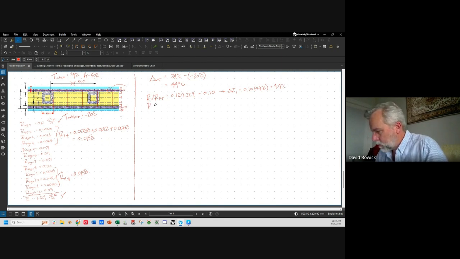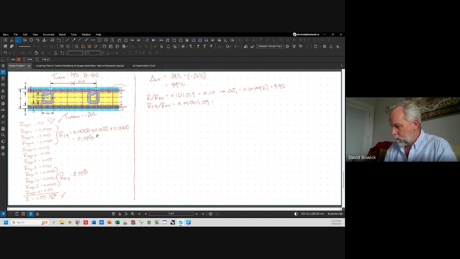Our R2 to 4 over our total equals 0.0158 over 1.229. So there's our 2 to 4.